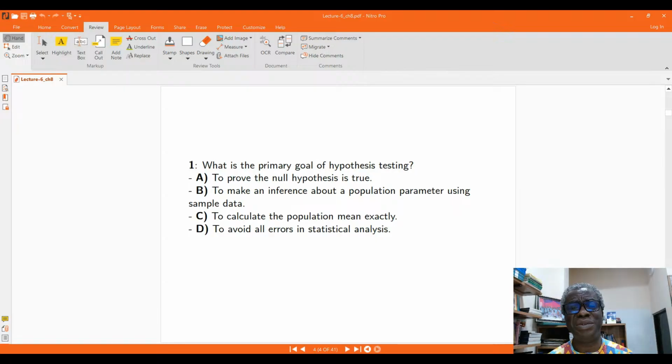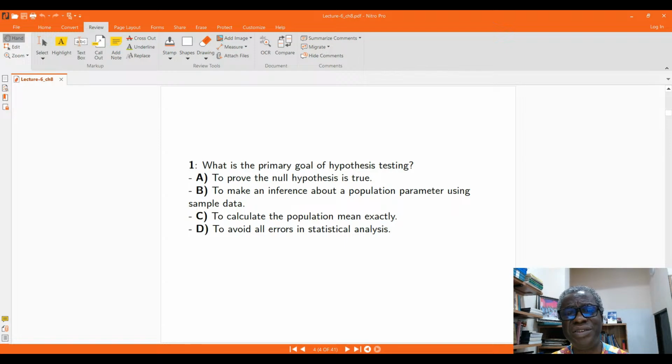So, what is the primary goal of hypothesis testing? A, to prove the null hypothesis is true. B, to make an inference about a population parameter using sample data.